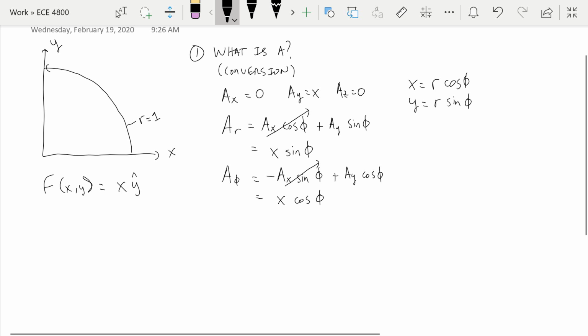All right, so this x sine of phi becomes r cosine of phi, and then that is multiplied by sine of phi.